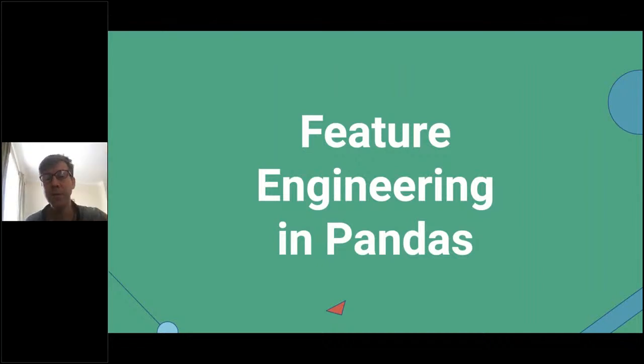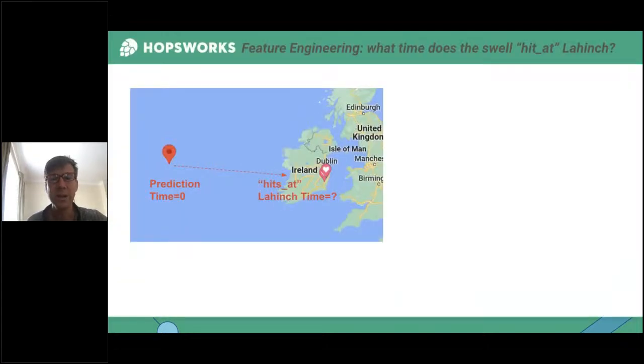So often you want to do feature engineering in Pandas. As a platform, Hopsworks supports taking your existing Pandas feature pipelines. If you're creating features in Pandas, you can just write them directly into Hopsworks. So let's have a look at the surfing example again and see what type of feature engineering we have to do here. Well, one thing we had to do was that multiple swells can appear in the Atlantic.